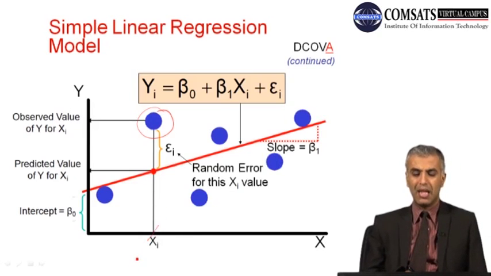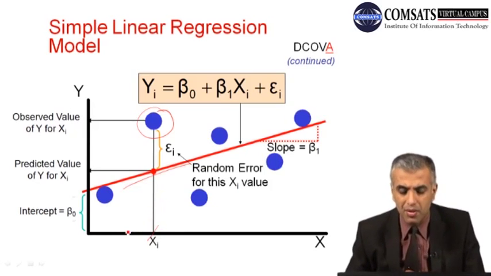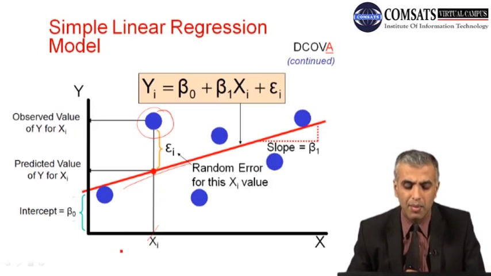The value below the line which is drawn here is the one which is explained, which is pretty much evident that this model can explain.